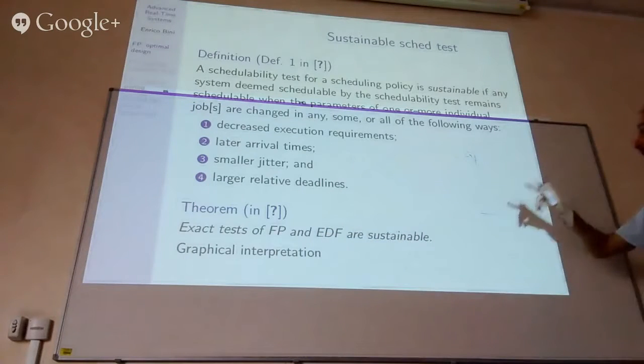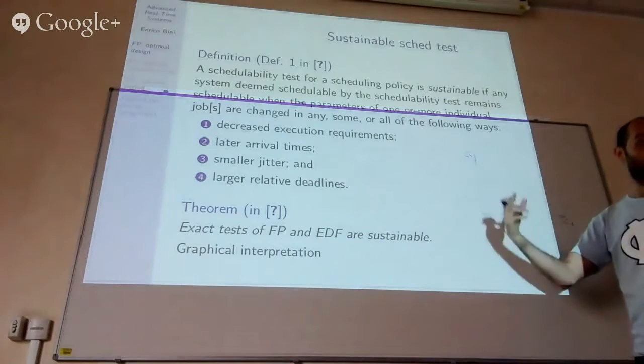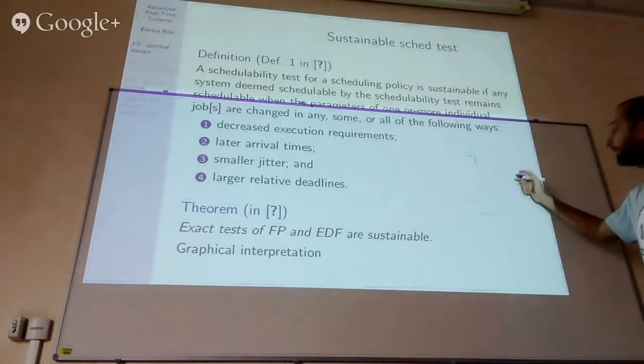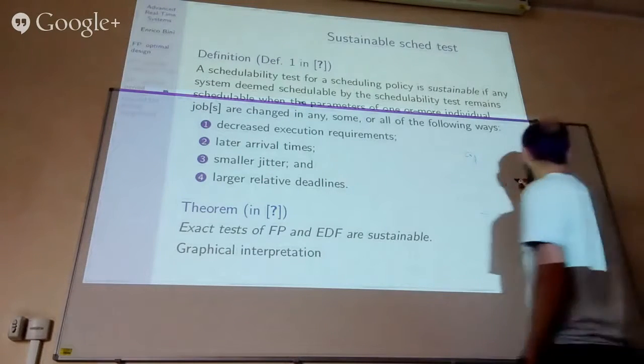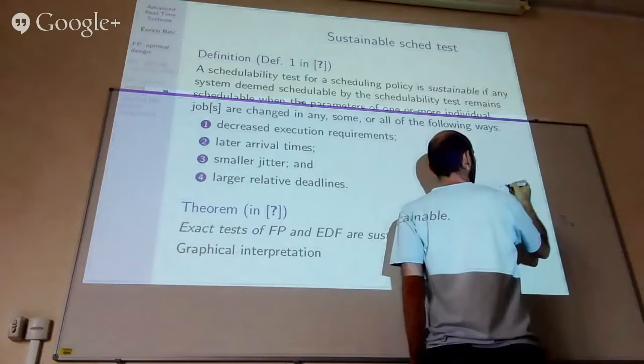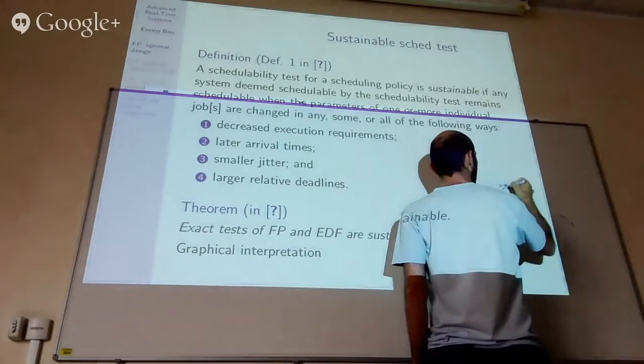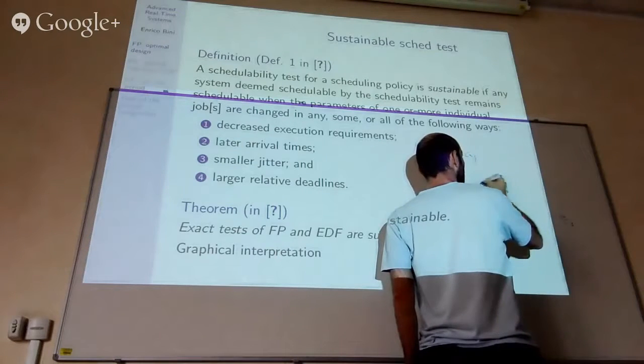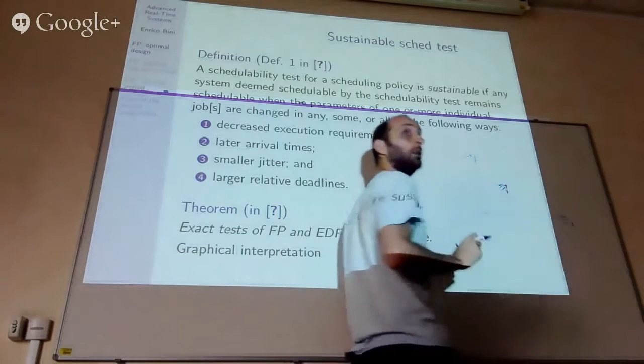So if this point is either fixed priority or EDF schedulable, then by decreasing computation time by any amount, meaning moving in any of these directions, by decreasing any of the components, we are still schedulable.